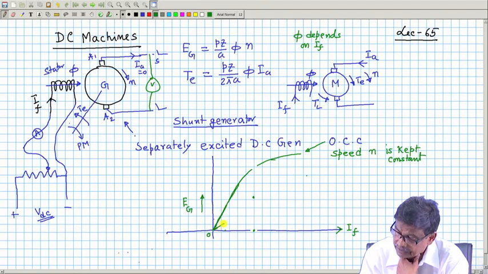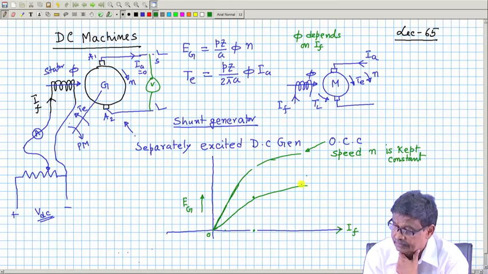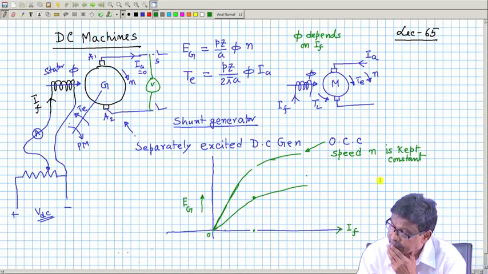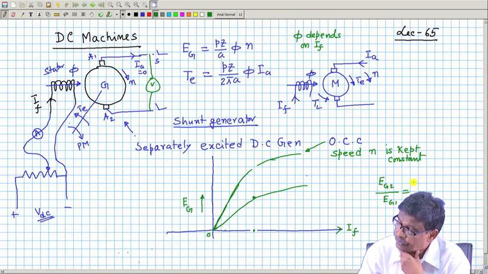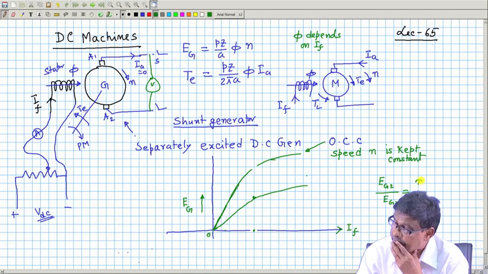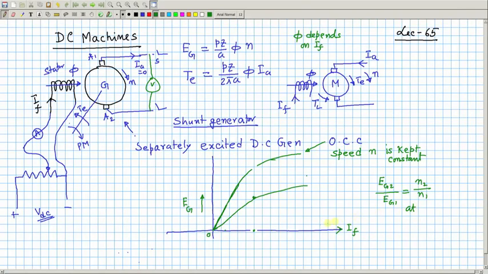Therefore, it will be like this, such that the generated voltage Eg2 by Eg1 will be proportional to N2 by N1 at a given IF, because field current decides flux per pole and speed is the other factor.